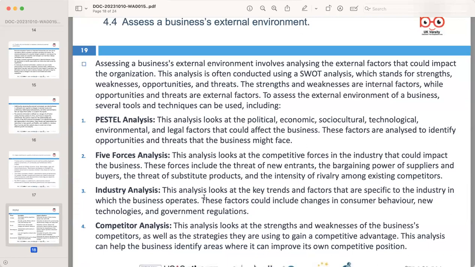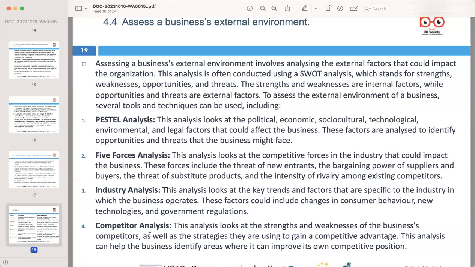Basically, this type of analysis centers on the key trends and industry specific factors. It takes into account changes in consumer behavior, emerging technologies, and government regulations that could influence the business.